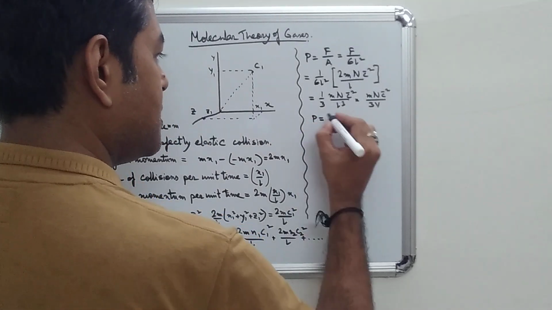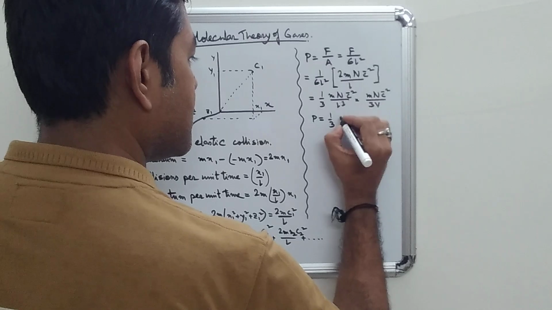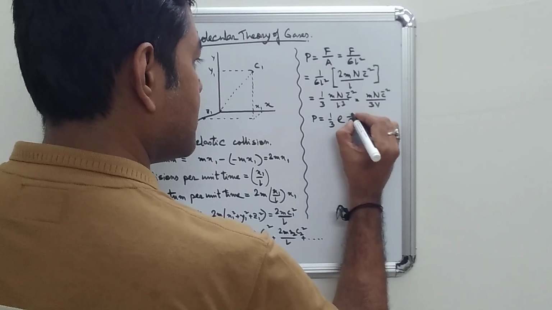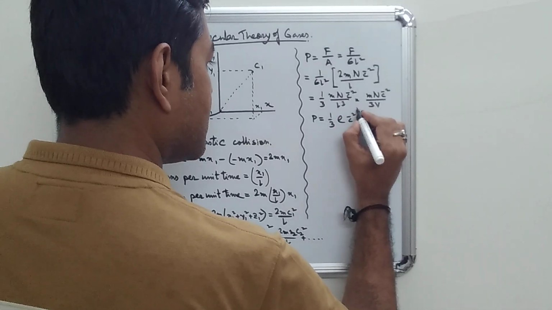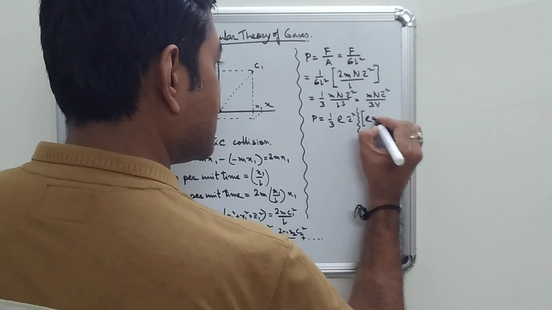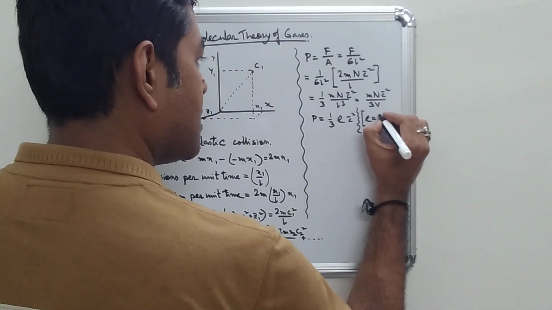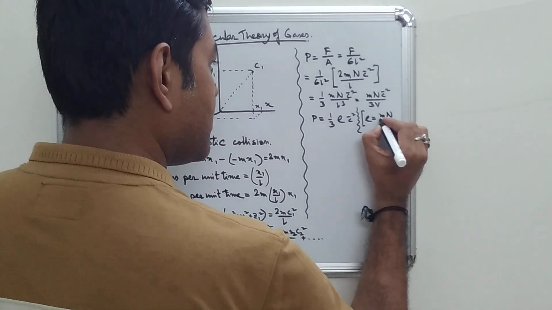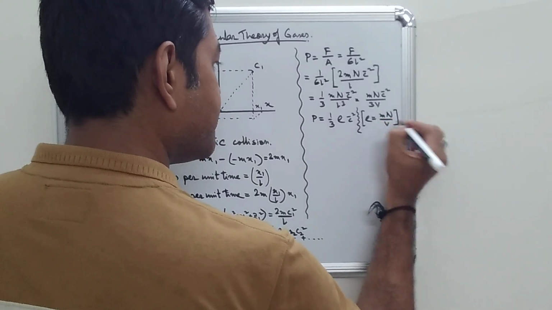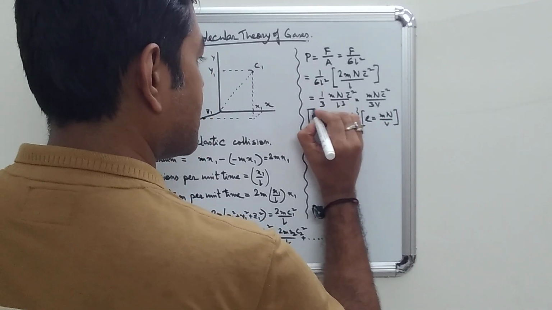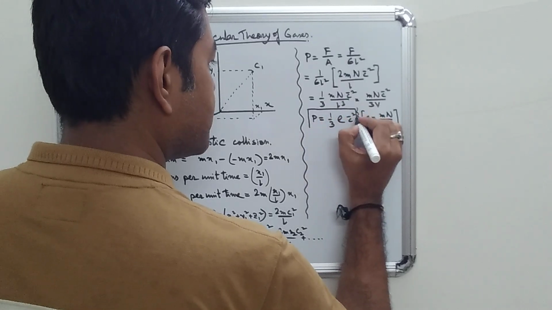Thus, pressure will be 1/3 rho c bar square, where rho is the density, which is m N, that is the total mass by volume. It is one equation.